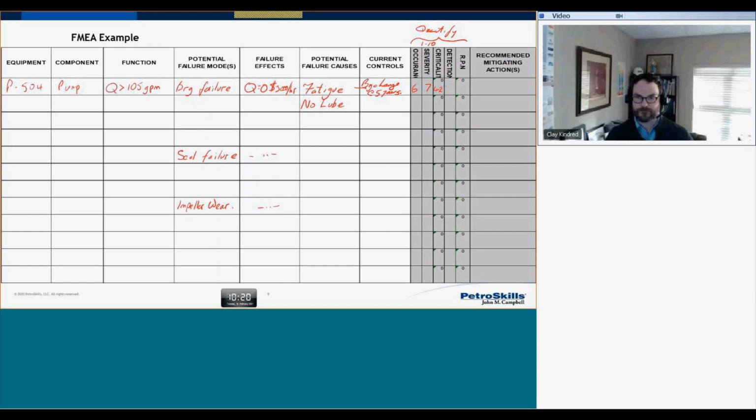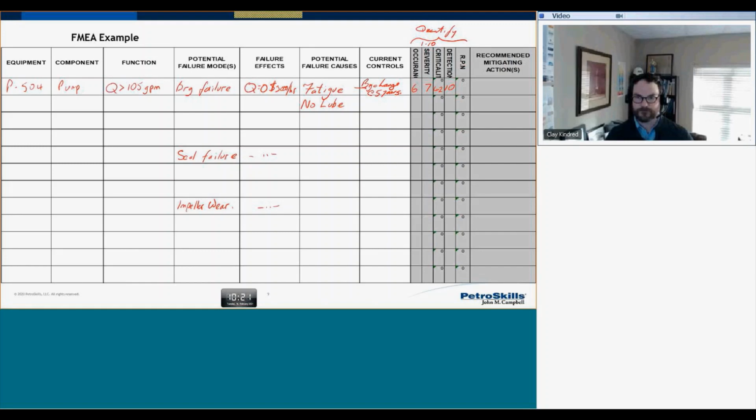Detection, again 1 through 10, but 1 is, well, I could say, yeah, I can detect that pretty easily. Because all I need to do is, perhaps I do some vibration analysis or the operator checks it, but in reality, we don't. So maybe that's a 10.